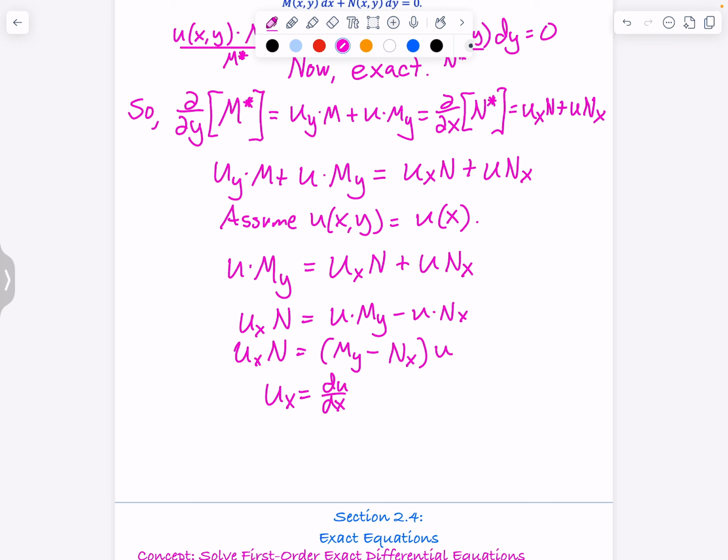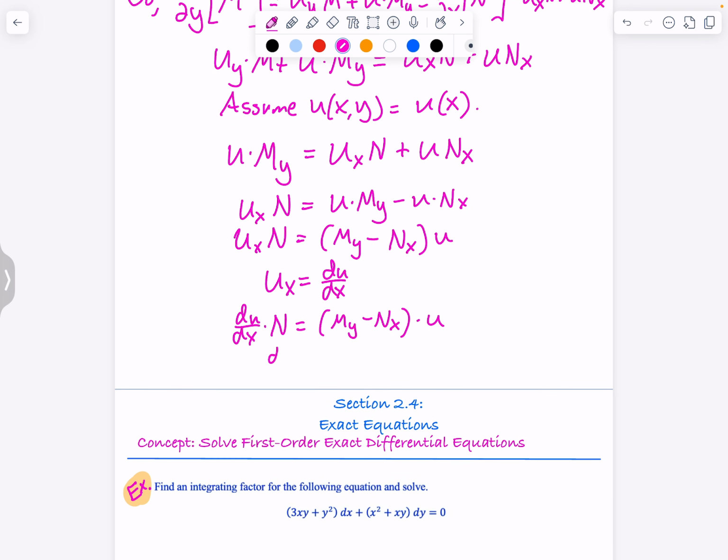So if that's the case, I'm going to replace everything. du dx times N equals M sub y minus N sub x, and that u is still there. Now I can get du dx by just dividing by N. So I get M sub y minus N sub x over N, times u.